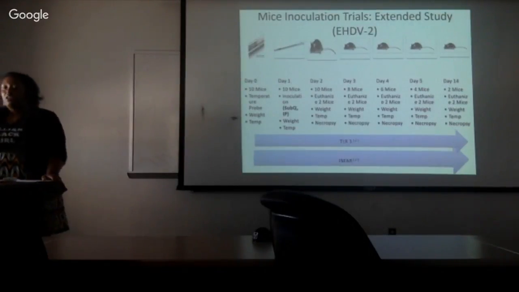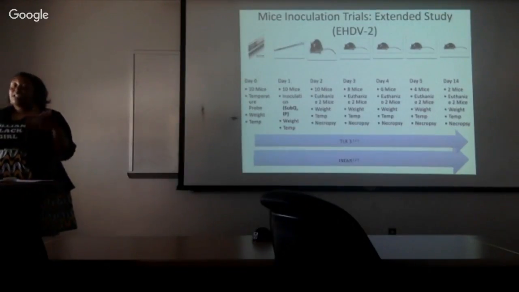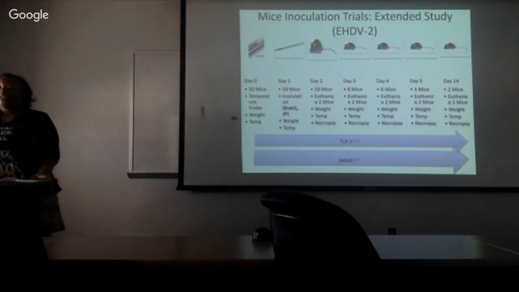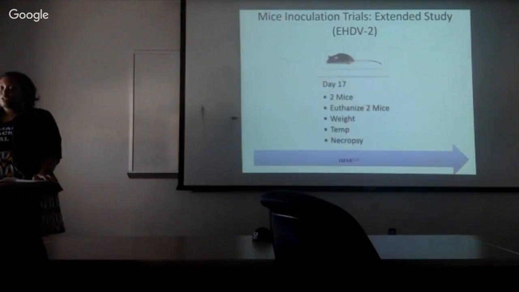And then once we got the results from that study, we decided to extend the study, and so we continued to inoculate 10 mice at a time of IFNAR and TLR3 mice, doing both subcutaneous and intraperitoneal inoculation, and then serially euthanizing. We also followed 2 mice towards day 14 to look for antibody development.